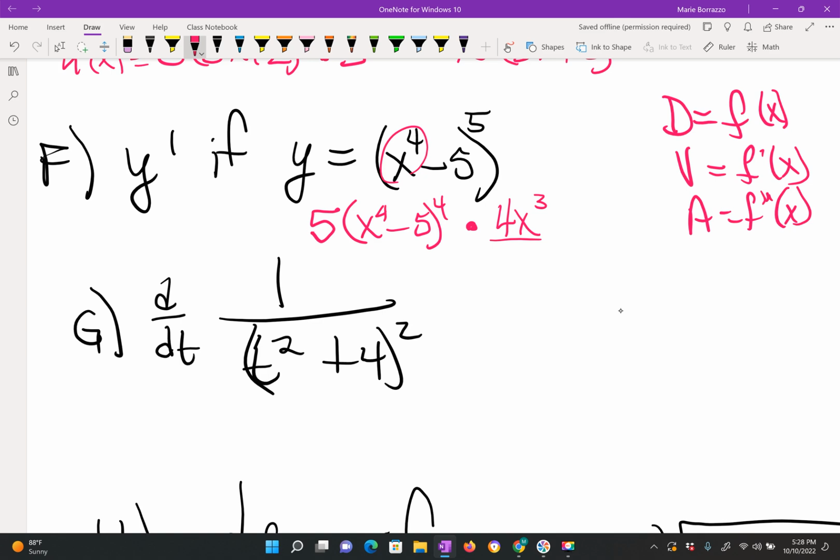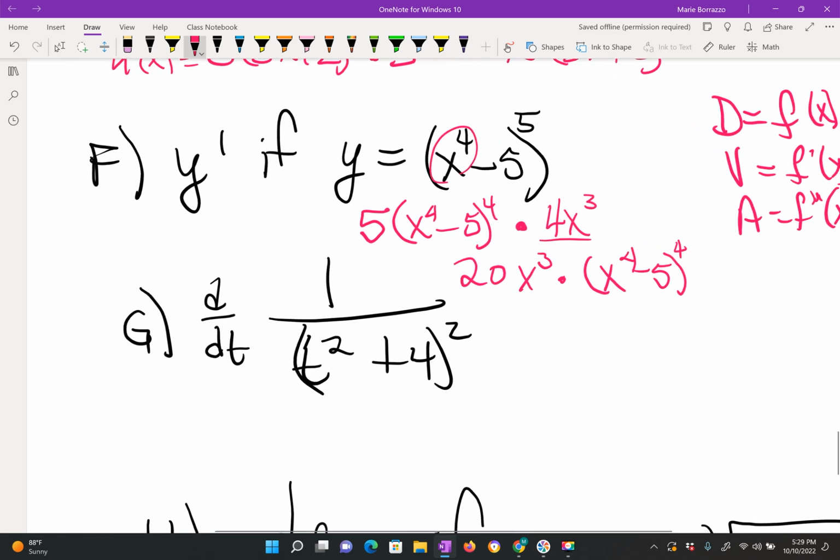Final answer is 20x cubed times x to the fourth minus 5 parentheses to the fourth. Okay, let me rewrite that because that looks crazy. So this is times x to the fourth minus 5 and all of that raised to the fourth power. That's not so bad. Okay. Walk me through G.